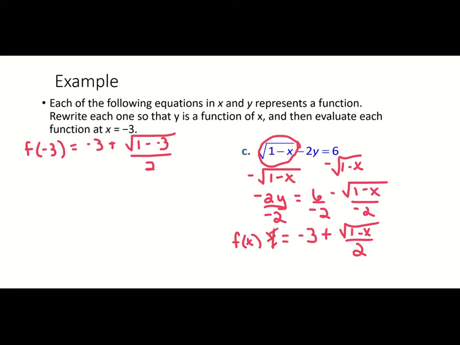So that is going to mean we're going to have -3 plus 1 minus -3 under my radical will be plus a positive, so it becomes the square root of 4 divided by 2, or -3 plus the square root of 4 is 2. 2 divided by 2 is 1, so we get -3 plus 1, and my answer is going to be -2. So f of x evaluated at -3, when I plug -3 in for x, my final answer gives me -2 for this equation.